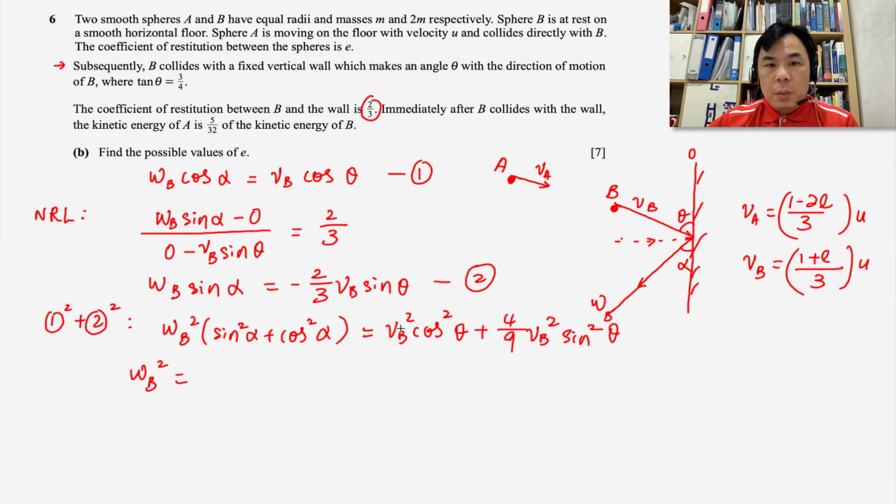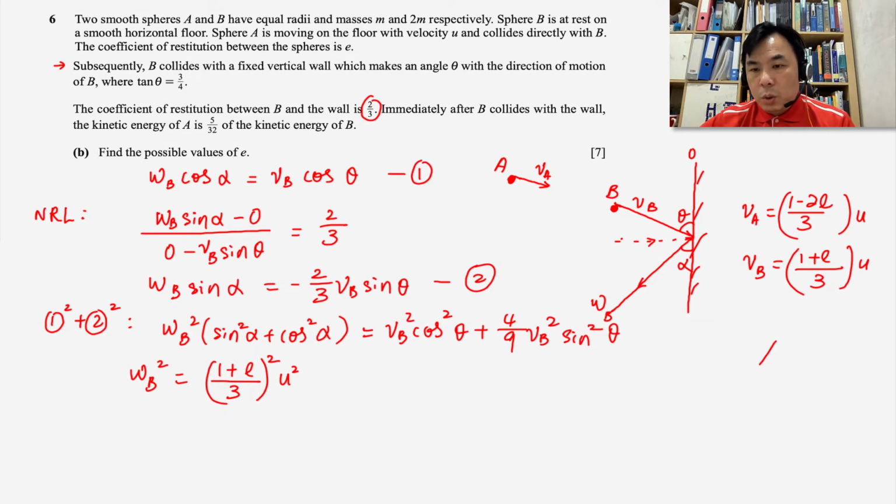We will have v_B, our v_B is over here, squared, and then cosine squared. We know that tangent theta is 3 over 4.